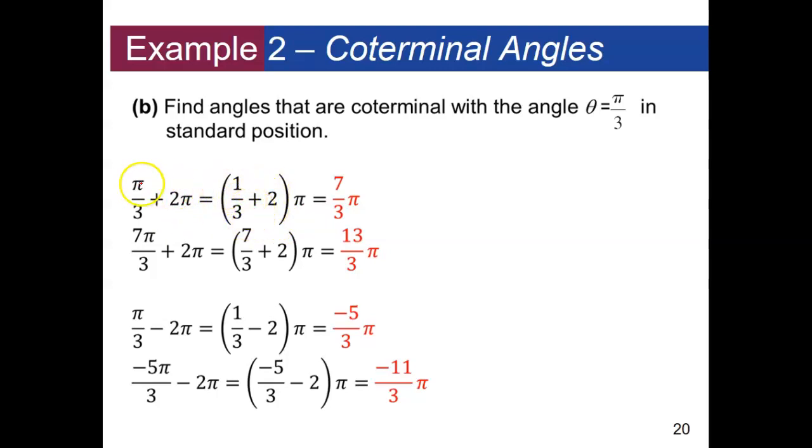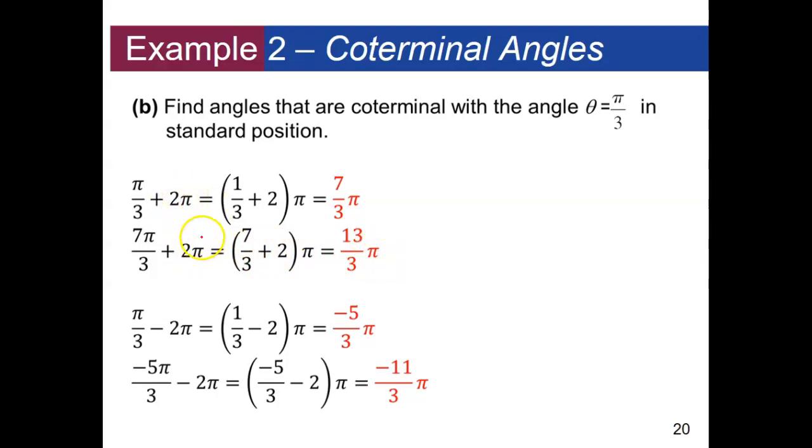Take the pi's out, forget that they're there, which means you're going to add 1/3 and 2 together. That gives me 7/3, and then just the pi beside it because it's still going to be there. If I take 7 pi over 3 and add 2 pi to it, I'm going to do the same thing. I'm going to factor that pi out the back side of that parenthesis, which leaves me with 7/3 plus 2, and then combine those together and I get 13/3 and then put the pi beside that.